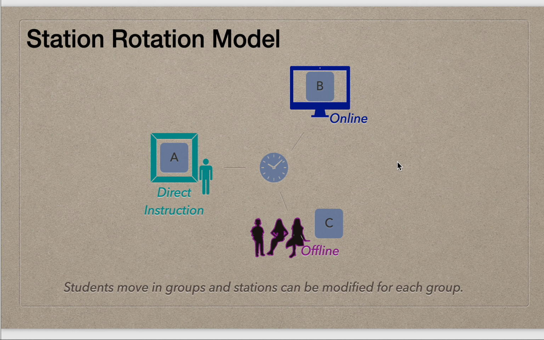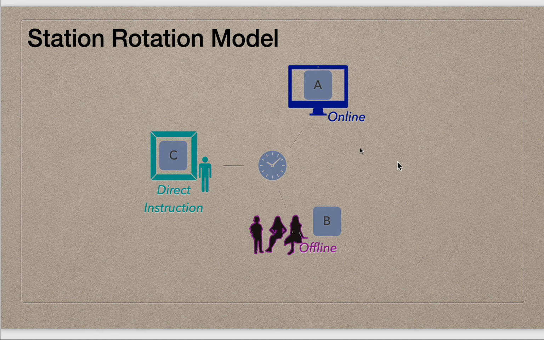Students could have a playlist of things that they have to choose from, and each playlist could be different. Offline activities can also be altered. Maybe you're doing individual work for some students or small group work for others. So A would go from direct instruction to online to offline.